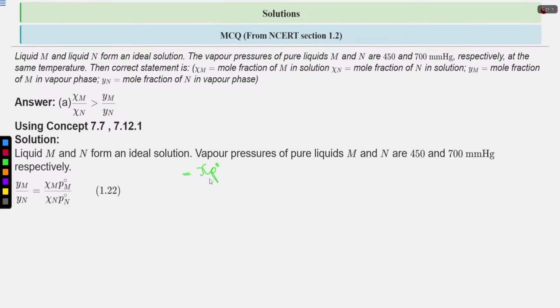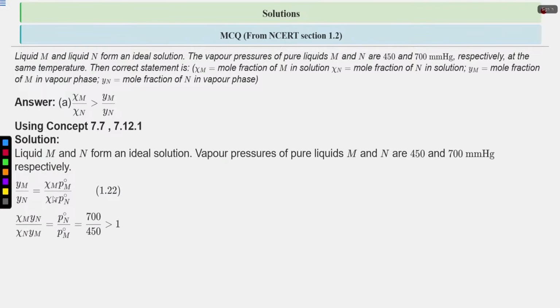So Ym is equal to chi M times P naught M, and Yn will be chi N times P naught N. This is the equation marked 1.22 in the NCERT textbook in the solution chapter.